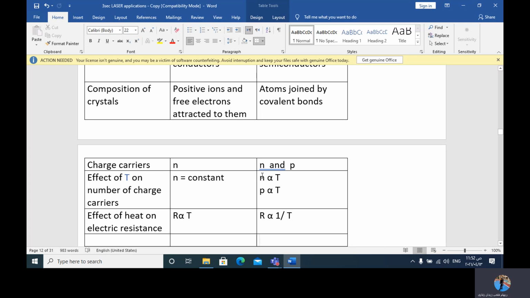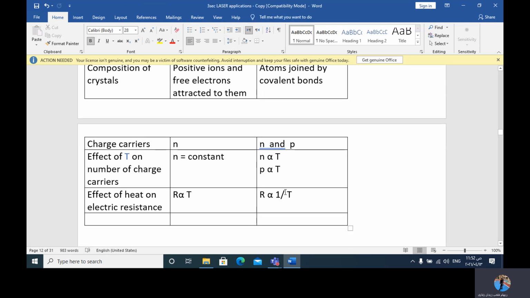The same for positively charged particles, which will also increase with temperature. So in summary, the charge carriers are the same in conductors, whether I raise the temperature or not. But in semiconductors, if I raise the temperature, the number of charge carriers increases.